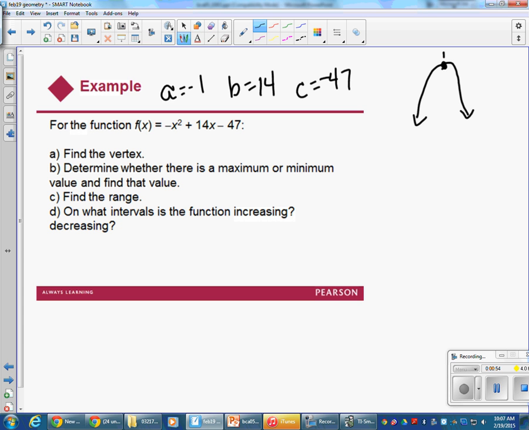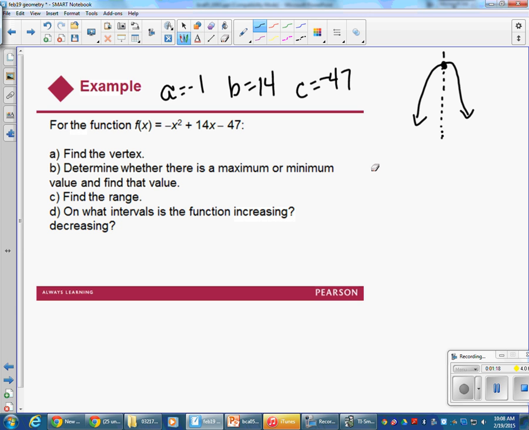It's going to have an axis of symmetry that's a vertical line, and all your vertical lines are always x equals something, and then it will be increasing until we get to that point and decreasing from that point to infinity. So we'll look at that as well, and we'll talk about the range. The range will be from -infinity up to whatever this y value is. Remember, your range is your y, your domain's your x's.